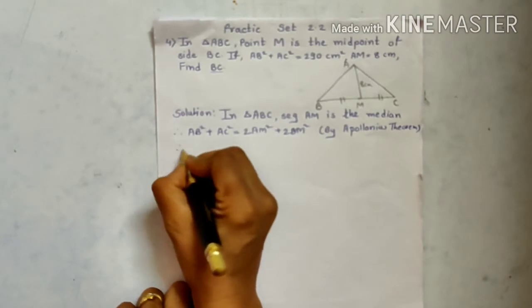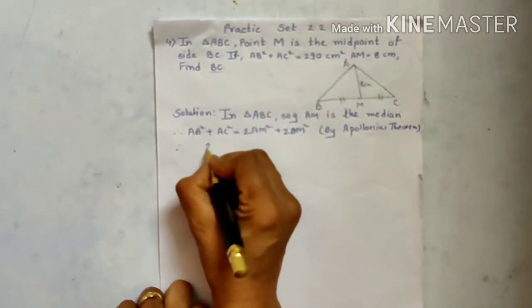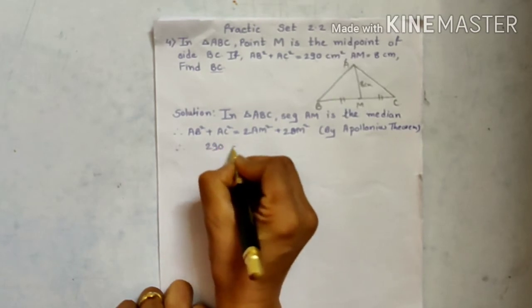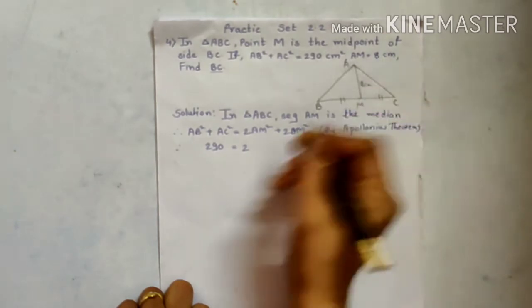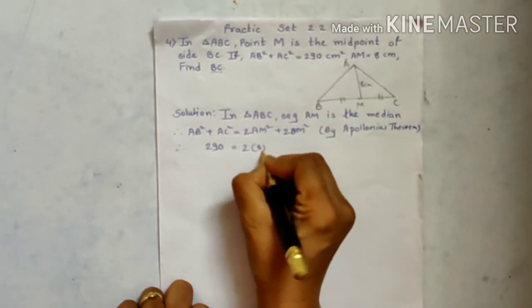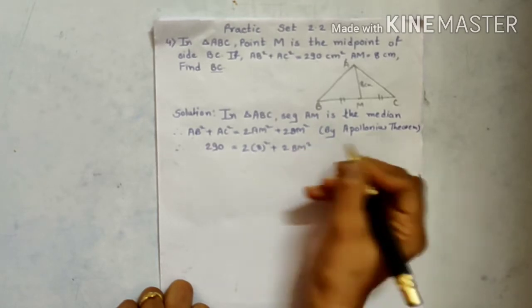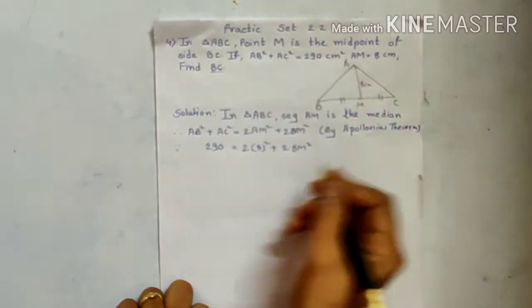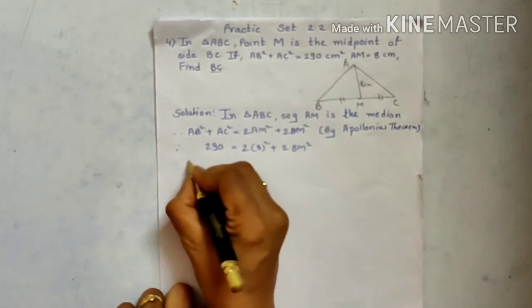Now substitute values. AB square plus AC square together is given as 290 cm square, equals 2 times AM square, AM is given 8 cm, so square of 8, plus twice BM square. We have to find out BC. From here we will get BM.